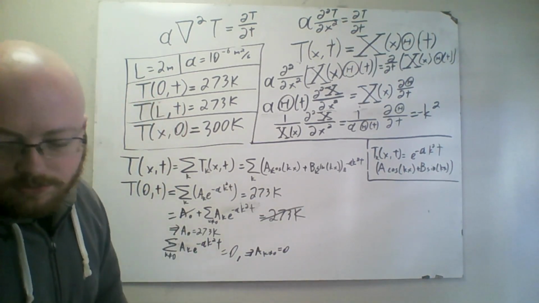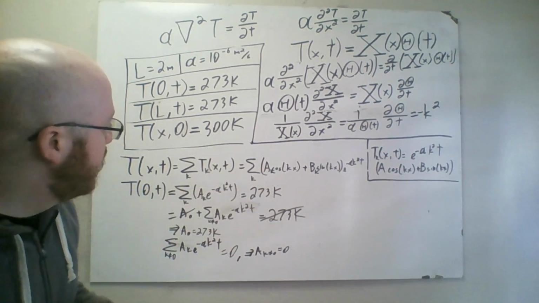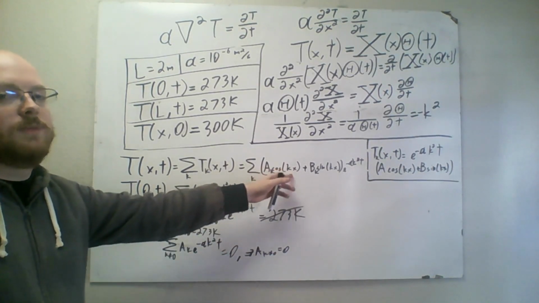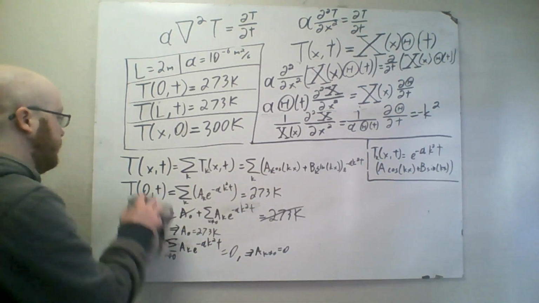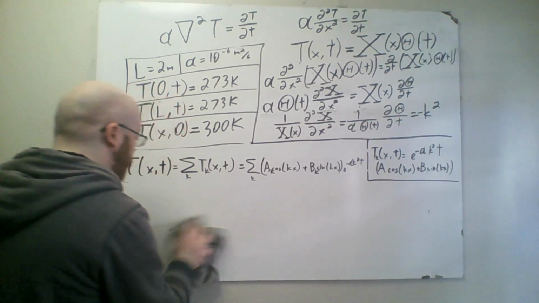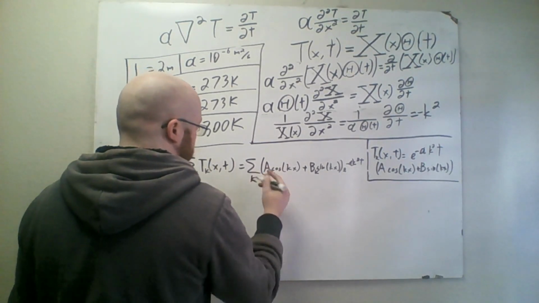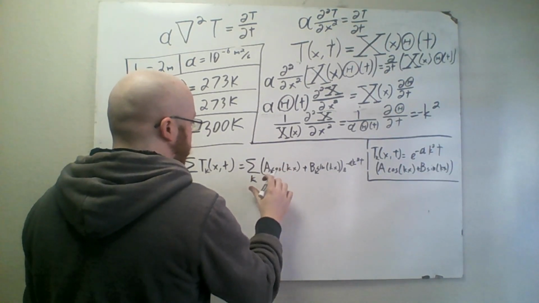So now I'm going to readjust. I'm going to rewrite this in more meaningful terms. So the first boundary condition basically showed that there are no cosine terms. There's one constant term out front, and that constant term just happens to be when k equals 0. So I'm actually going to rewrite this, pull this out.